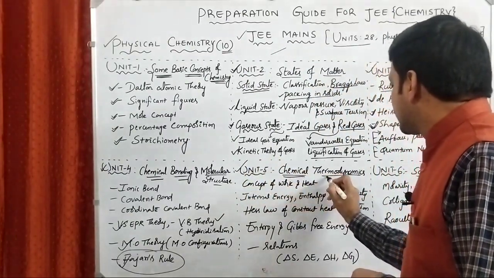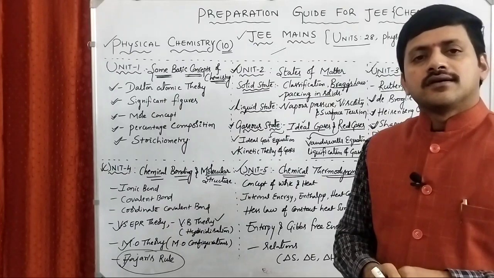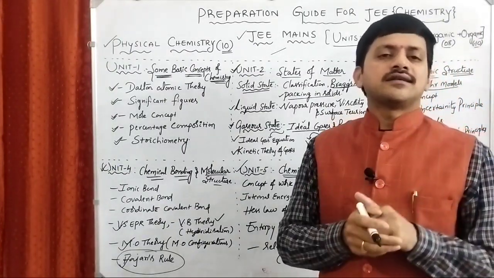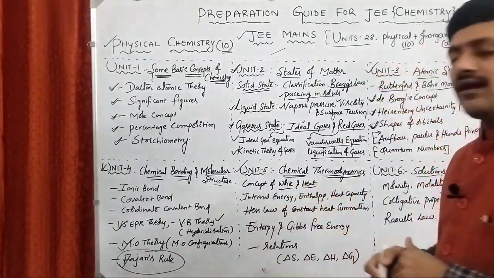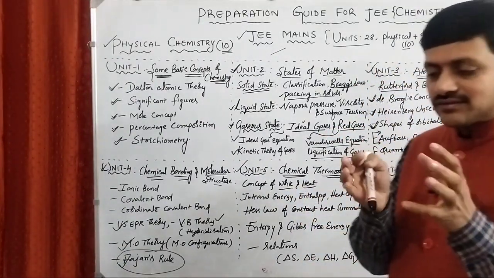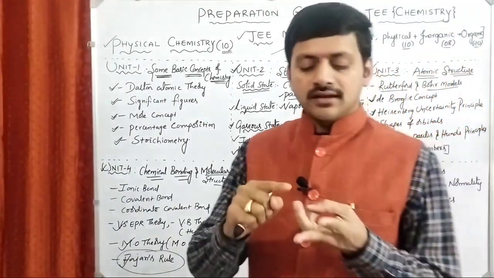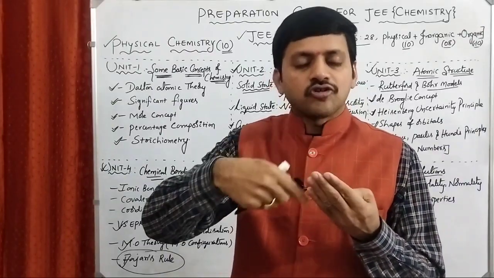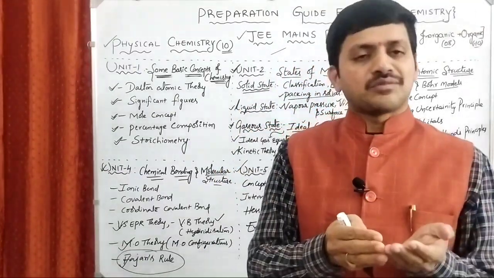Fifth unit is chemical thermodynamics. From the chemical thermodynamics unit, you need to concentrate initially on the concept of work and heat. Here we have some terminology called internal energy, enthalpy, entropy, and Gibbs free energy. All these come under what? The first law of thermodynamics and the second law of thermodynamics.